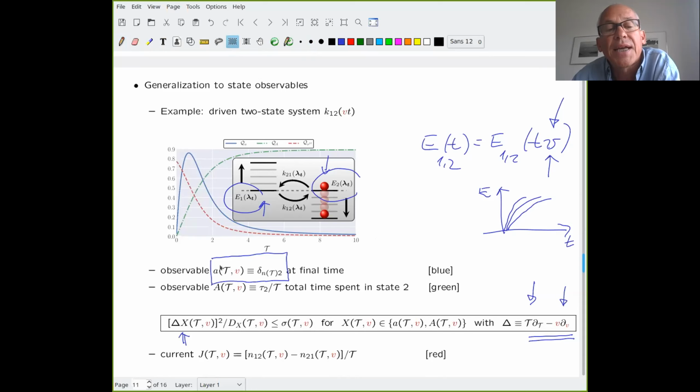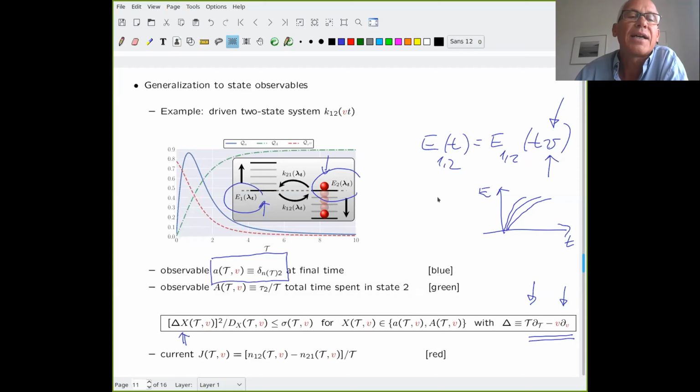So as I said, we can use this observable at the final time, but we can also use an observable where we just count the total time spent in state 2 during that driving protocol, during this process. And the relation holds for both types of observables. So I find it surprising that you get an estimate on entropy production by looking at, quite generally speaking, time-symmetric observables.